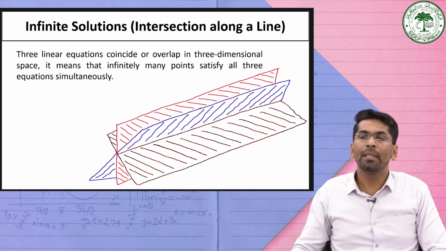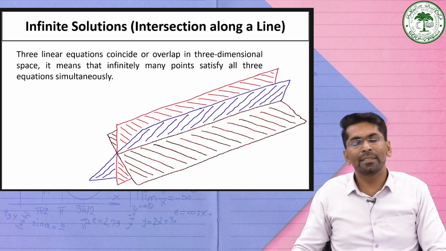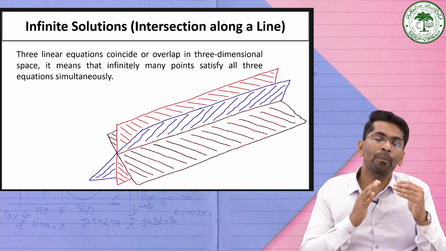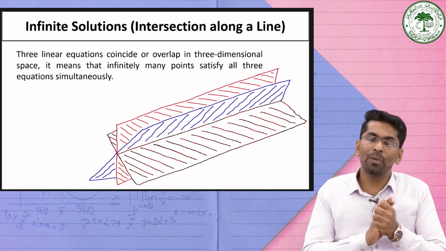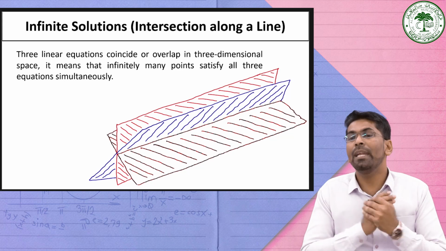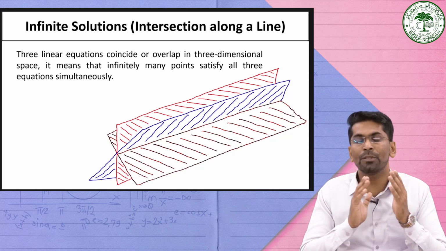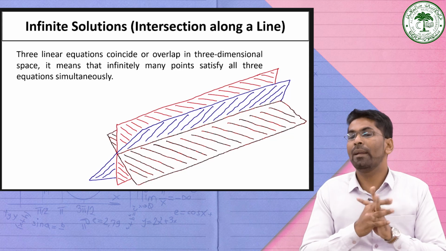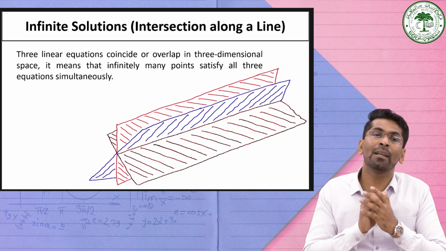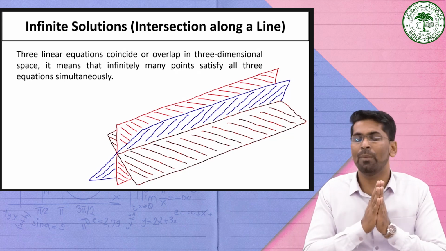Geometrically, the planes overlapping along the line can be visualized as having infinite points in common. Mathematically, we can say that the system is consistent and dependent, indicating that there are infinitely many solutions. This situation arises when the system of equations does not provide enough independent information to uniquely determine a single solution. Rather, we have infinite solutions available here.